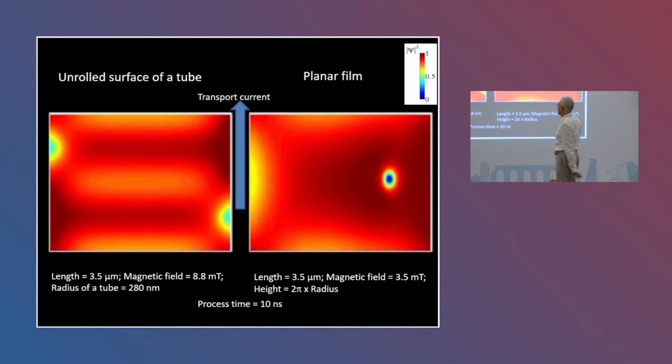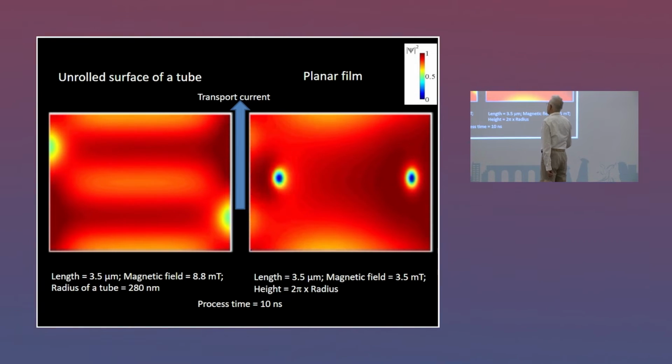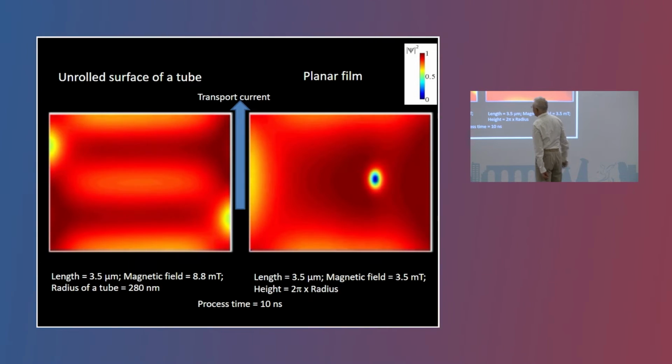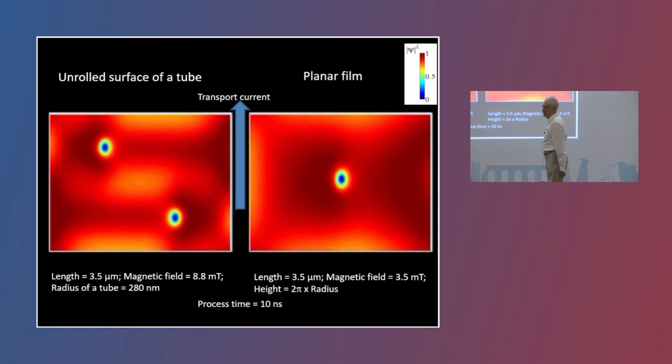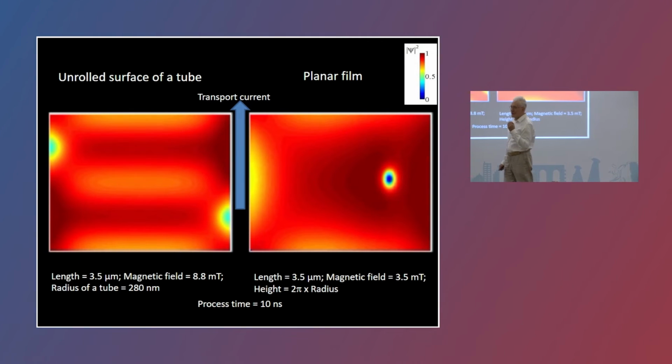But I told you that there are two different, please put it once again if possible. Vortices move in one direction in the upper part, and in another direction in the lower part. So the dynamics of vortices is already highly non-trivial.